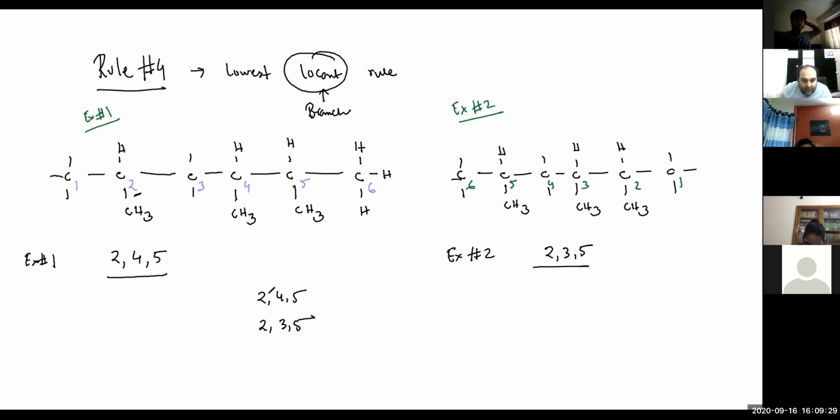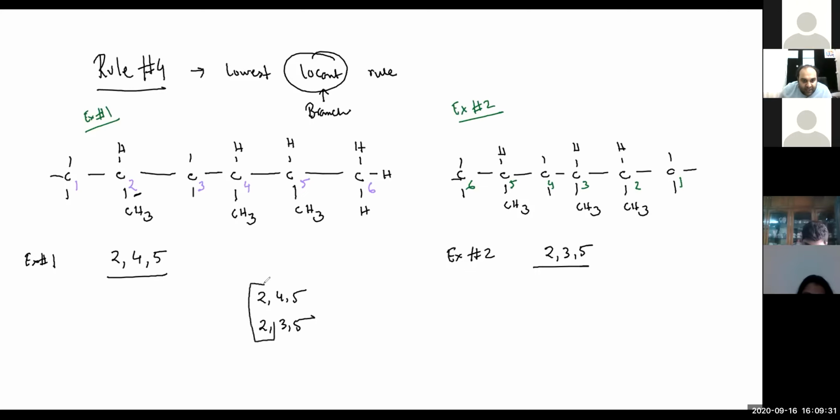2. Both of them have a branch at 2. The next, example 1, example 2. Example 1 has a branch at 3. Example 2 has a branch at 4.